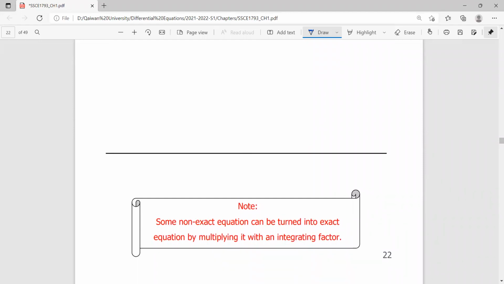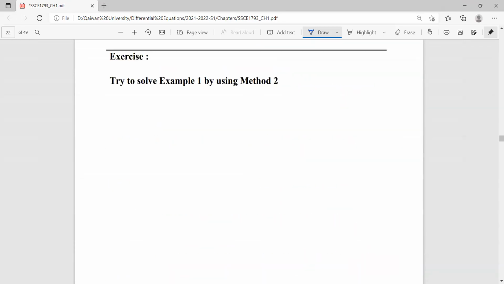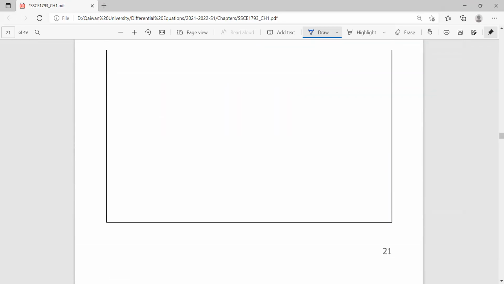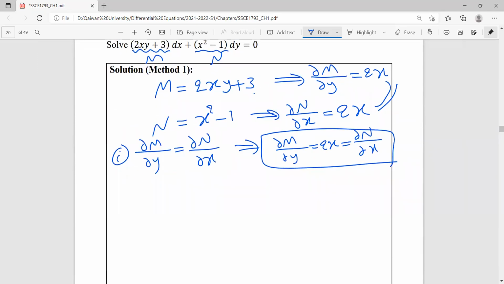In that example, in the last one, it's given the integrating factor. You multiply both sides of the equation by the integrating factor, and it becomes exact. So you should solve it by exact. When it says show that the differential equation is exact, after showing it is exact, you should solve it by exact.